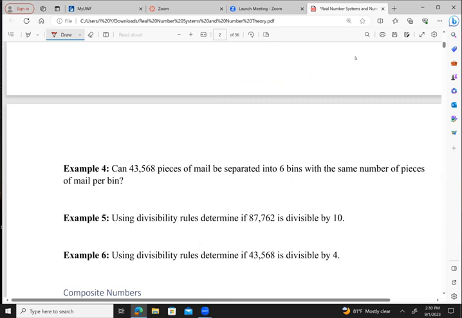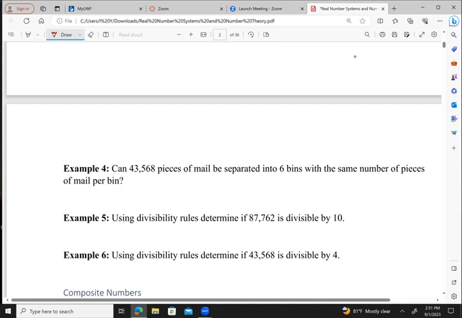So can 43,568 pieces of mail be separated into 6 bins of the same number of pieces per bin? So in other words, is 43,568 divisible by 6?